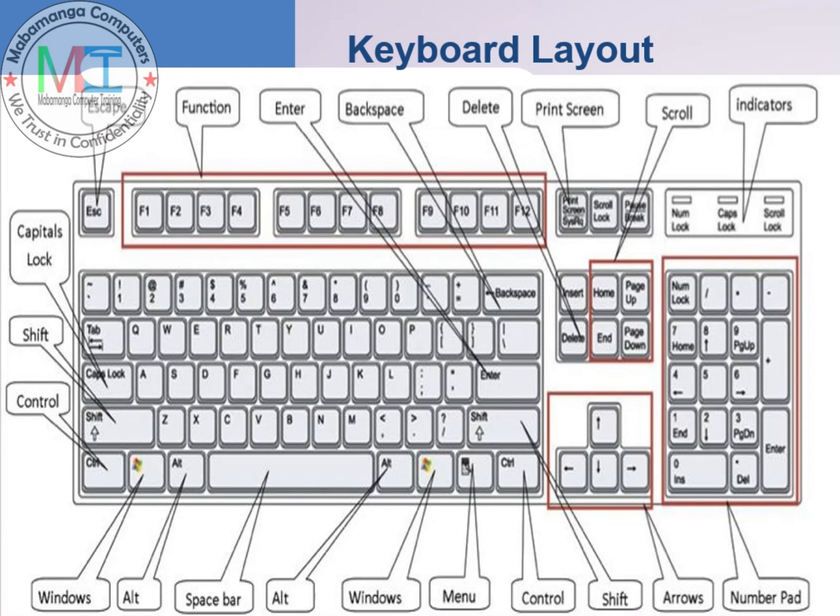An example where this tab key will function properly: you are typing a letter with an address. Let's assume you want to type an address written care of Mabamanga Computers, Adamawa State, Nigeria. You know certainly this is a writer's address, and it needs to be on the right-hand side.